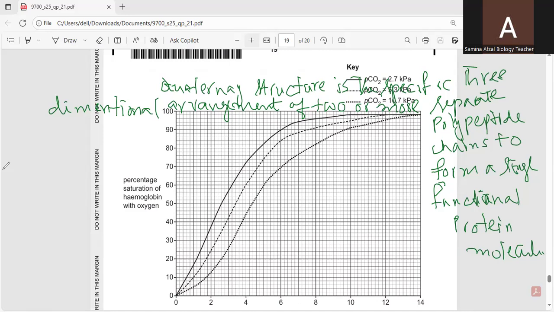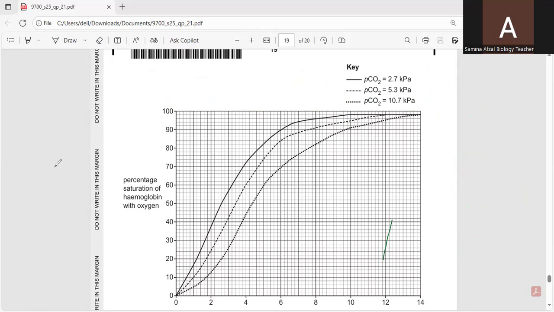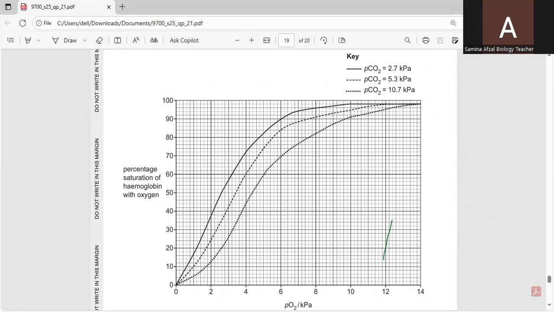The results are shown in figure 6.2, which has been shown over here. This graph shows the three curves. You can see the three curves on the graph. First, the partial pressure 2.7 kilopascals is this curve.